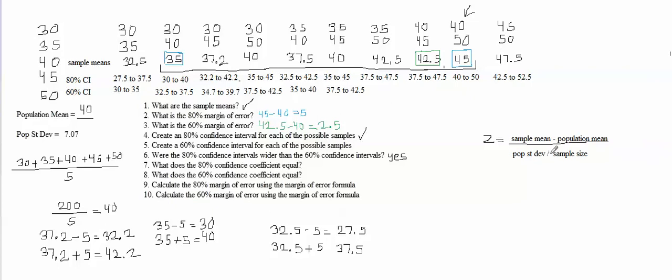You might be wondering, why is this a confidence coefficient and not just a z-score? Why does it have a special name? The reason we're calling it a confidence coefficient is just because the sample mean right here is coming from the highest sample in the middle 80%.